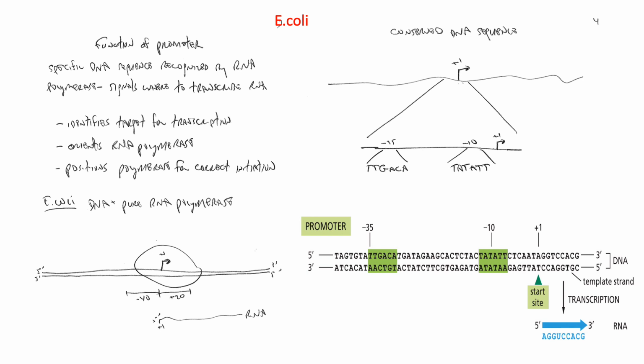Now, if you take E. coli DNA, that's what's shown on the bottom, the 2 strands, 5', 3', anti-parallel, just any random piece of DNA. If you take E. coli DNA and you take pure RNA polymerase, that is, you purify it from the cell, and there are these assays which are called DNA binding assays, which I'll talk about a little bit later.